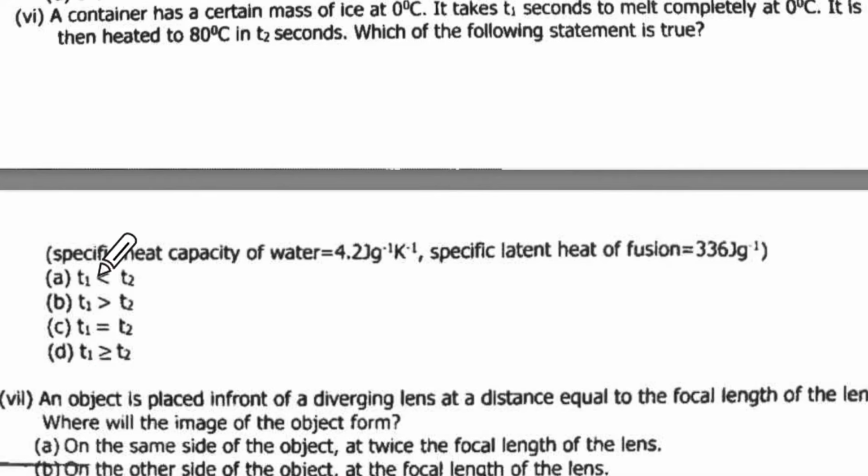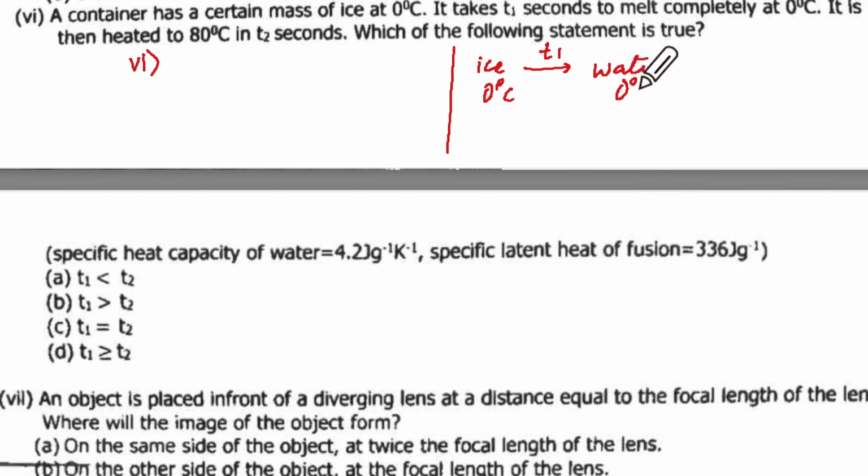Now before we come to this, it's all going to go over your head just now. You just read it, it's not going to make any sense to you, correct? So what you will do, you will show the thinking step. Okay? So, container has certain mass of ice at 0 degrees C. So we'll have ice at 0 degrees C. It is taking T1 seconds and it becomes water.